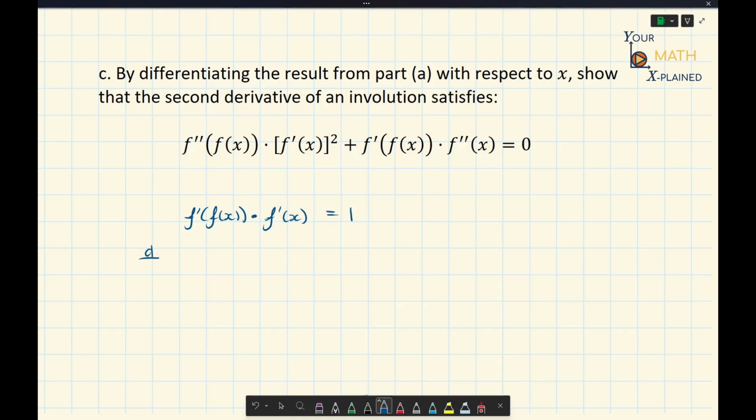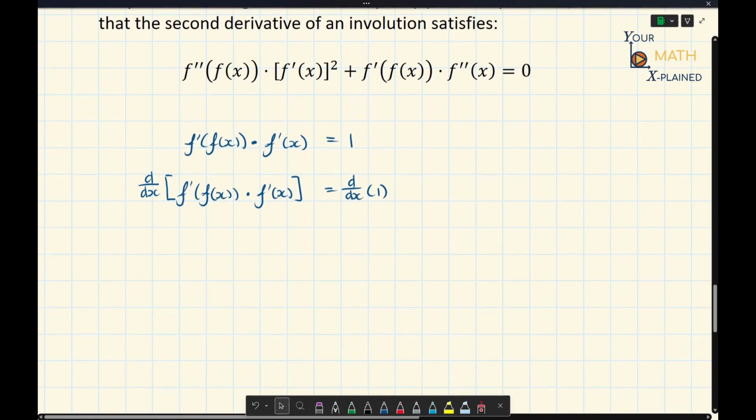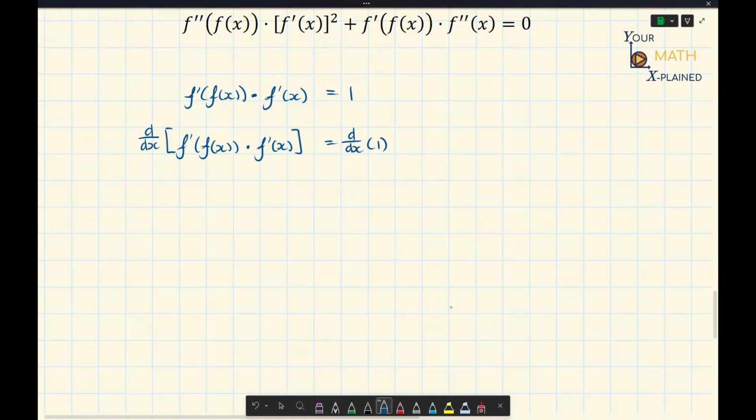Now we're going to take the derivative with respect to x on both sides of this equation. So we go d by dx of f prime of f of x multiplied by f prime of x, and this is equal to d by dx of 1. Now the right-hand side is easy because that is just equal to 0.